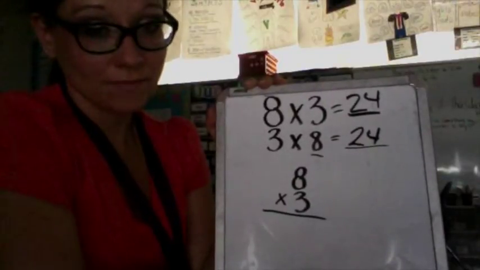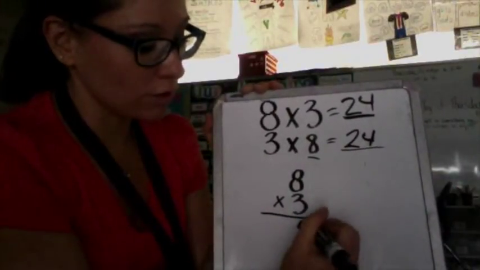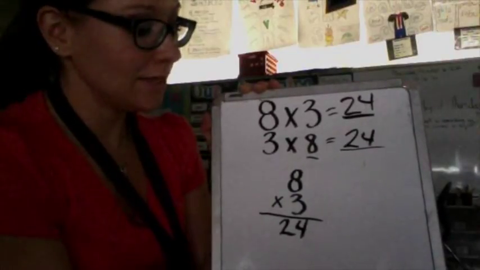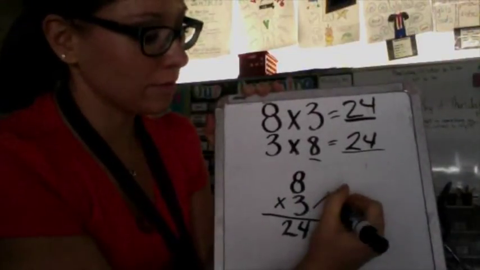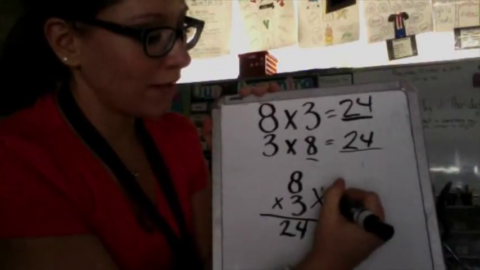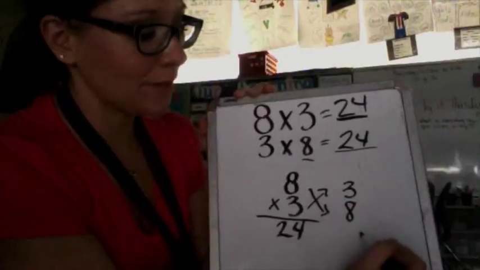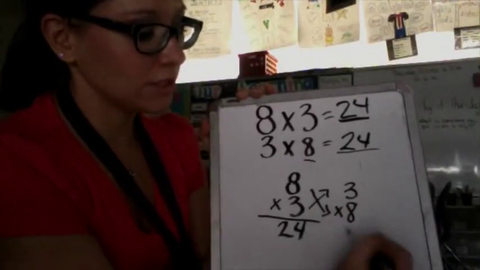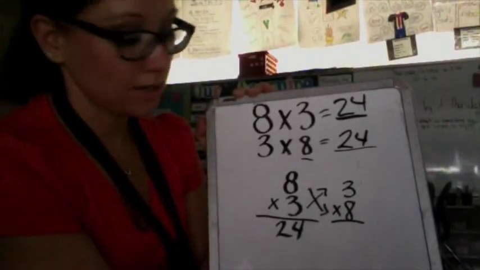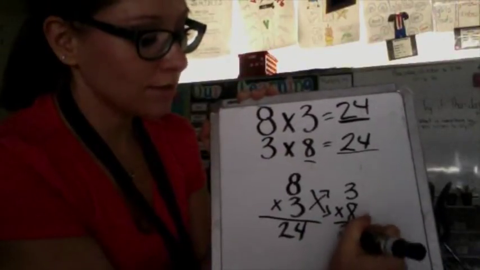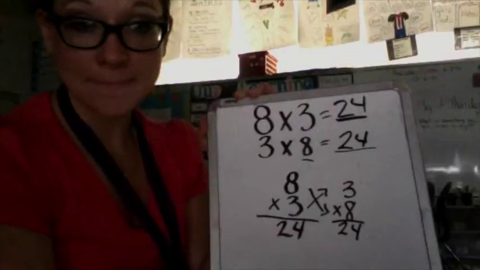It's the same thing. You just write your answer or your product right underneath it like so. And it would be the same thing to flip these numbers around. You could put the 3 on top, the 8 on the bottom, with your multiplication symbol, and there's your equal sign. It doesn't matter, even when you flip the factors, the product is still the same.